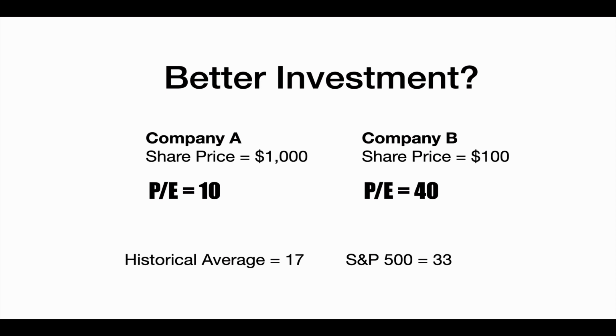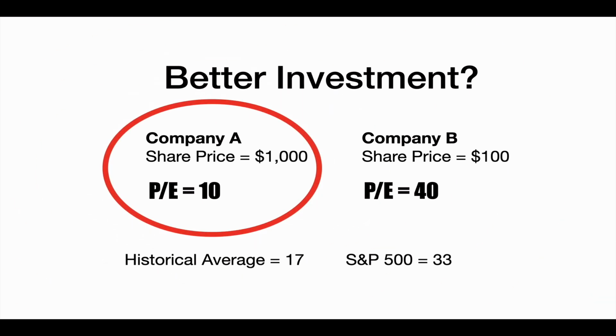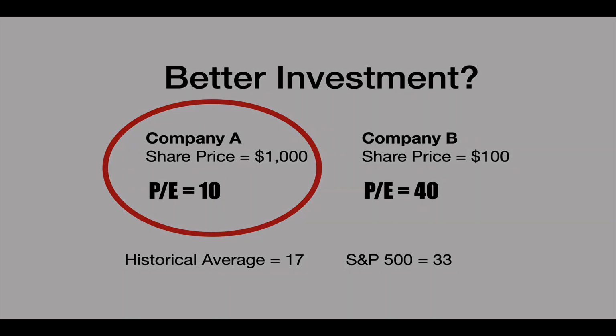So you can now see that company B with a PE of 40 is way above the historical average. It's a lot higher than the market as a whole in comparison to company A at 10, which is lower than the historical average and a lot lower than the current PE. So even though the share price is more, company A is going to be a better investment.